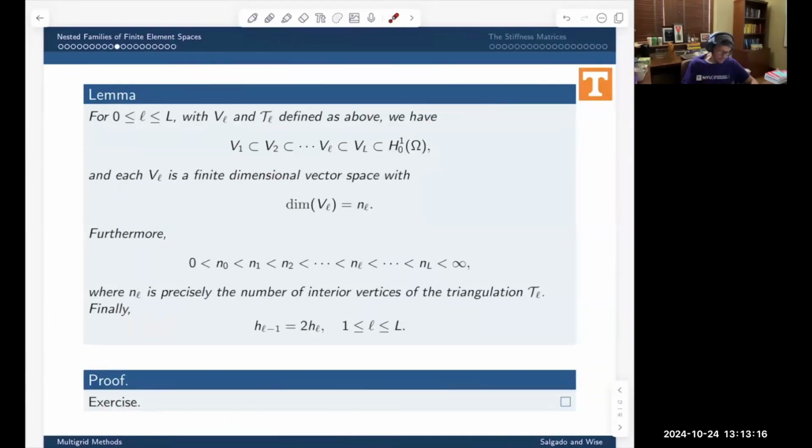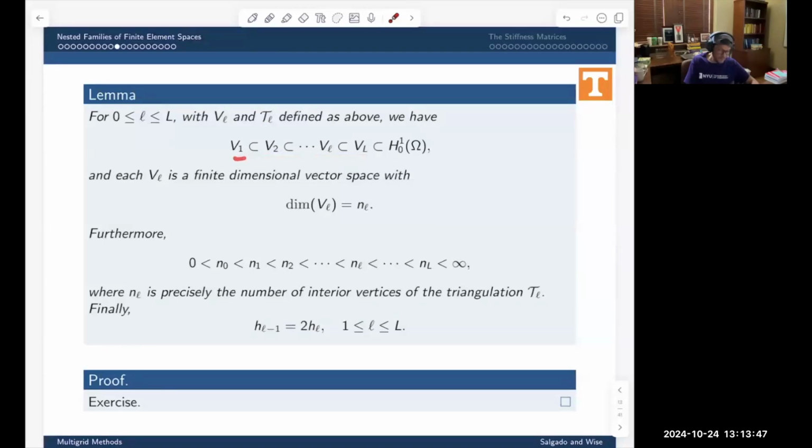Okay, what's next? From that, we can show that if our triangulations are nested, remember, from the 0 triangulation, we get to the next triangulation by quadrisection, and so on. So suppose that V_L and T_L are constructed in that way. Then the finite element spaces that we've defined subordinate to these triangulations form a nested family of subspaces.